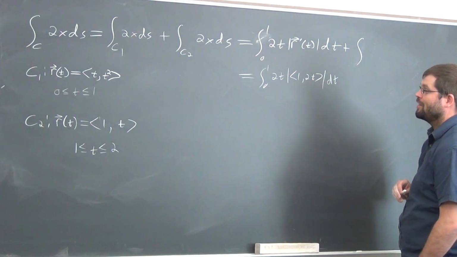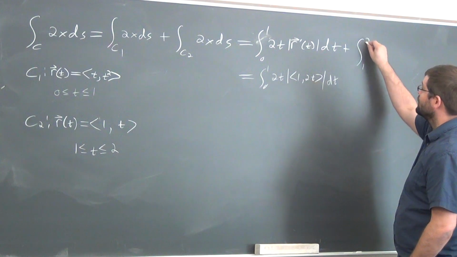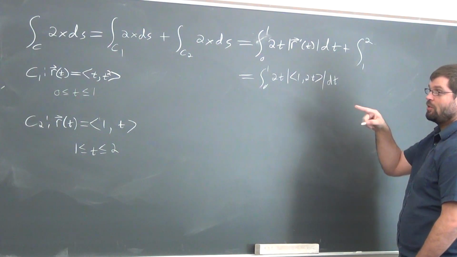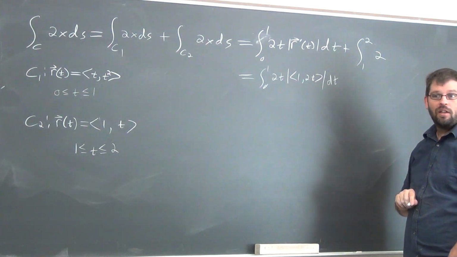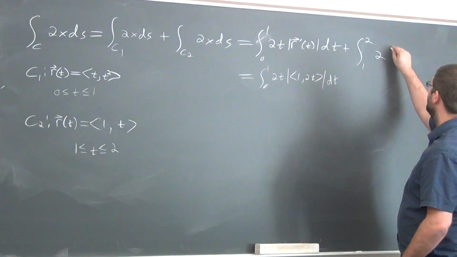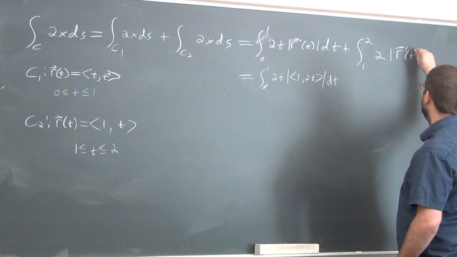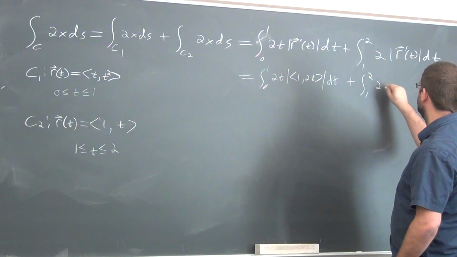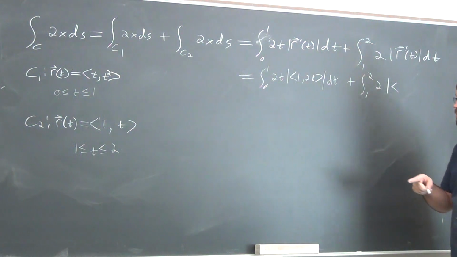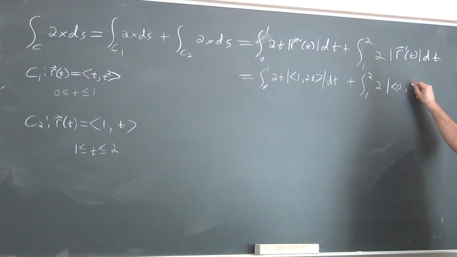So that's from 1 to 2. And then what's 2x in this case? Just 2 times 1, right? And then, I'll do it again, magnitude of r prime dt, and this time from 1 to 2. What's r prime? (0, 1), the derivative of that.